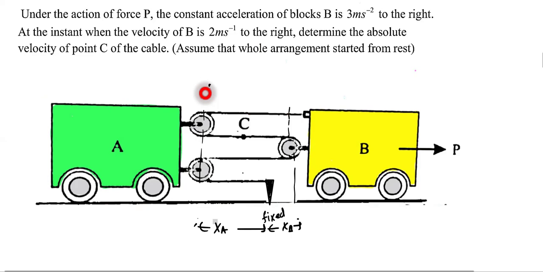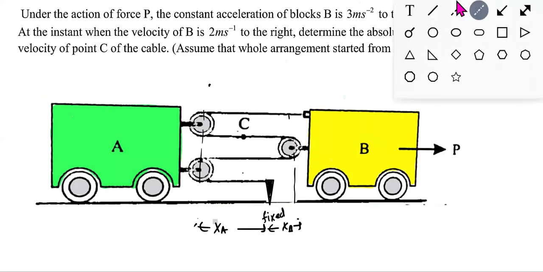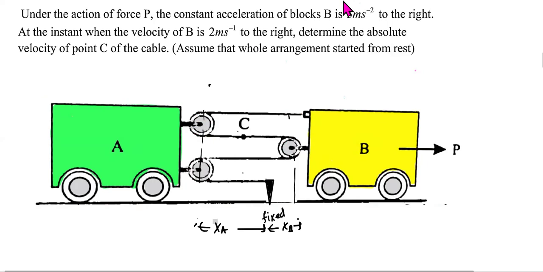Okay, the reference point, I'll show it clearly. We'll choose this as a reference. This was the reference we have chosen. So this length of the string corresponds to XB. This will correspond to XC, sorry, XA. This will be XA.